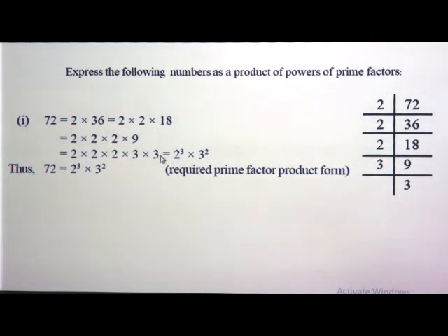And 3 multiplied by 3, the base is 3, how many times is it multiplied? It is multiplied 2 times. So, here we can write 3 squared, or 3 raised to the power of 2. So, the required product of prime factors you can find in this way, or you can find it as a prime factorization; both answers will be the same.